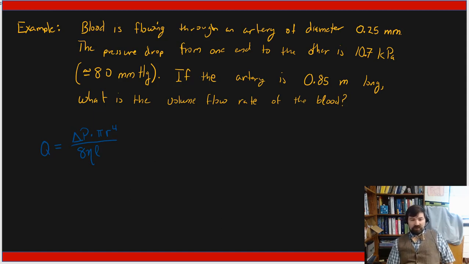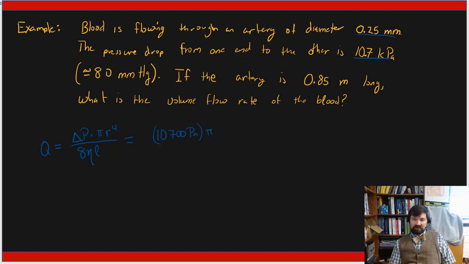Okay, so some of these numbers were given in the sentence. For example, delta P is 10,700 pascals. That's given right here. The pi, obviously, is just 3.14, etc. R is given right here.